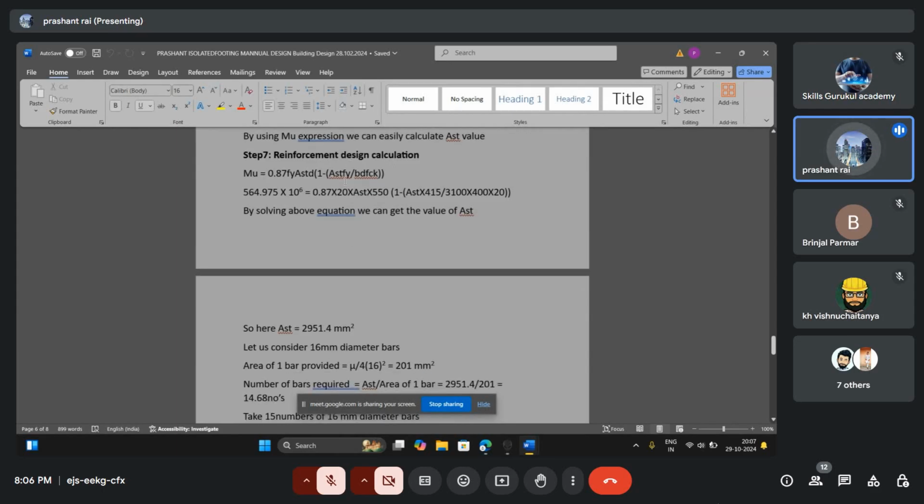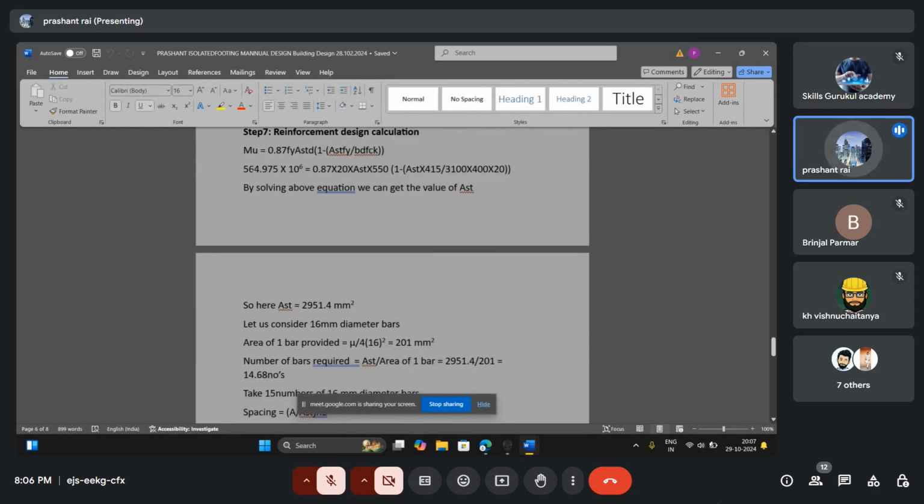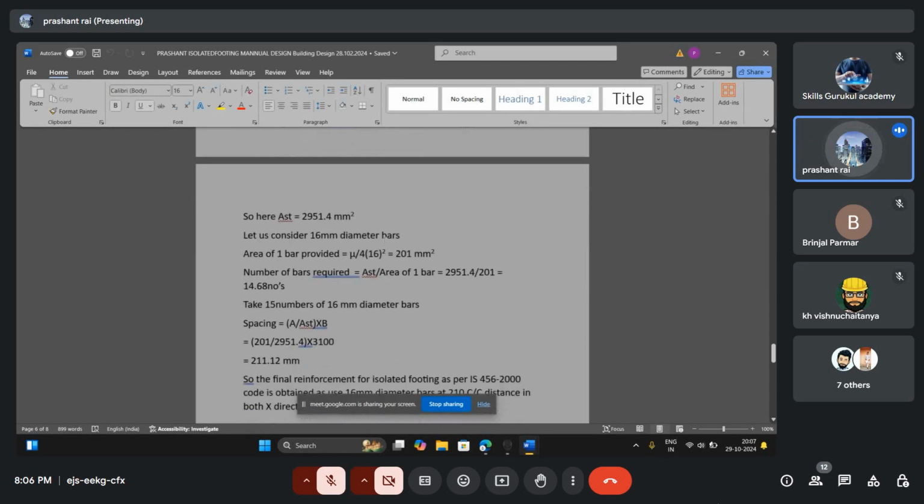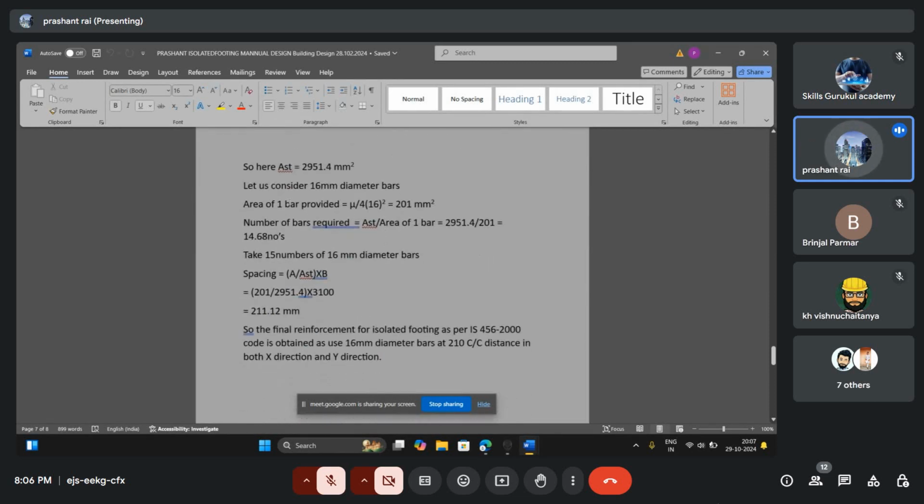Seventh is the reinforcement design calculation. So Mu is 0.87 Fy, area of steel, D, where D is the depth of the footing. Applying all these values, we got the area of steel as 2951.4 mm square.